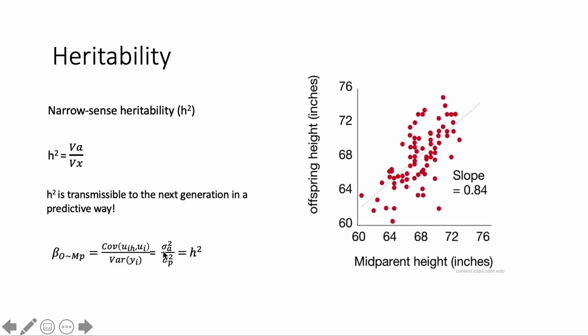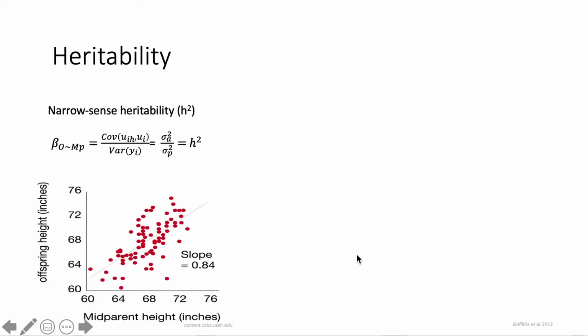That is equal to the additive variance over the phenotypic variance, and that is equal to the heritability. So as you can see here, it is possible to estimate the narrow sense heritability doing regressions between the offspring and the mid-parent value or the parent values as well.